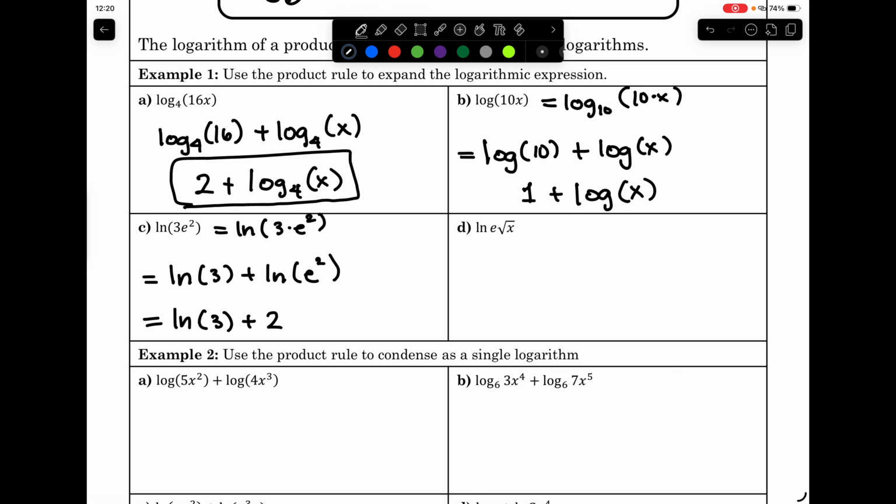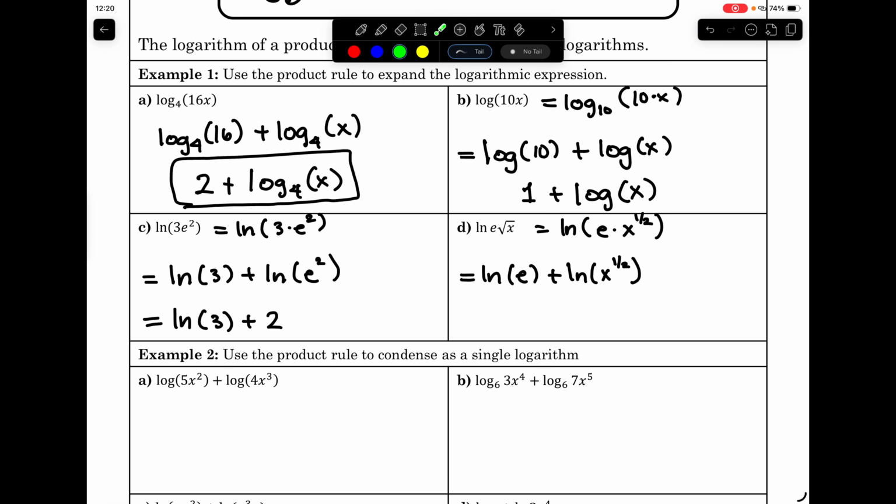Similarly, with example D, this is the natural log. Well, I'm going to make 2 changes here. First, e times x to the 1/2. So instead of square roots, I'm going to use the equivalent notation, which means that the exponent of x is 1/2. So expanding this would be the natural log of e plus the natural log of x to the 1/2.